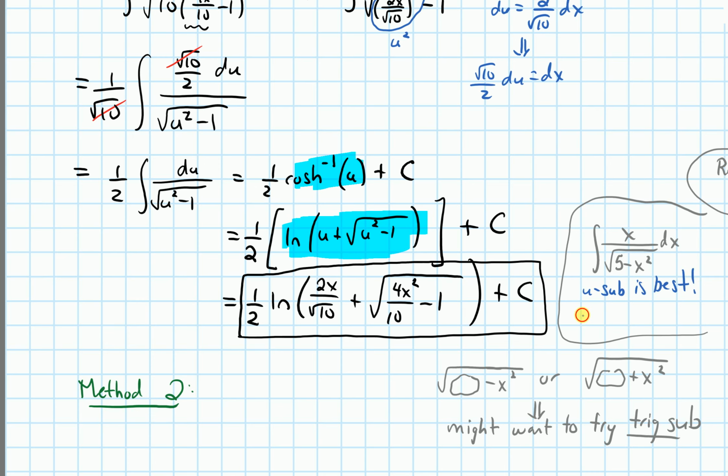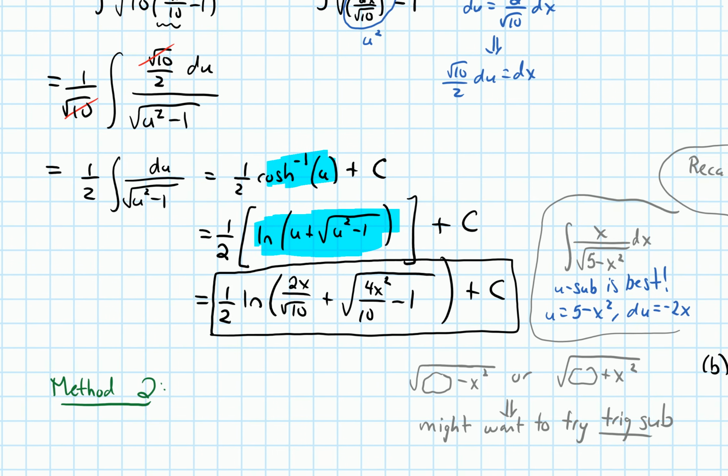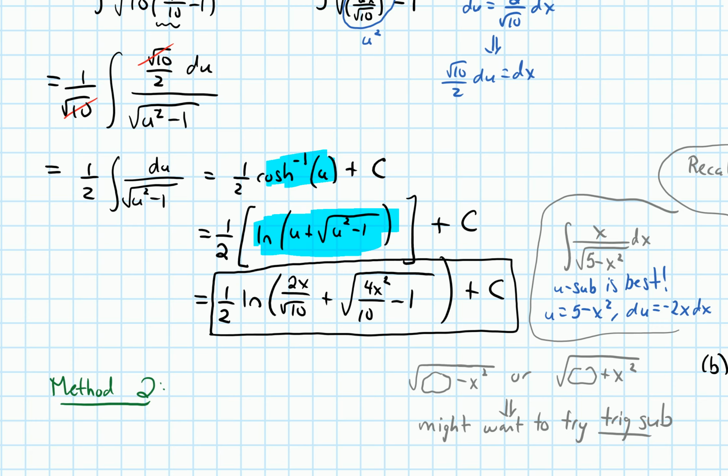It's best because if we let u equal 5 minus x squared, I see a multiple of du in our problem. du would be negative 2x dx. And I see a multiple of that in the numerator. Okay, so u sub would be great there. But for our problem, we don't see something like that with our integral. So trig sub is probably going to be a good way to go. So let's also talk about how to do this using trig sub.